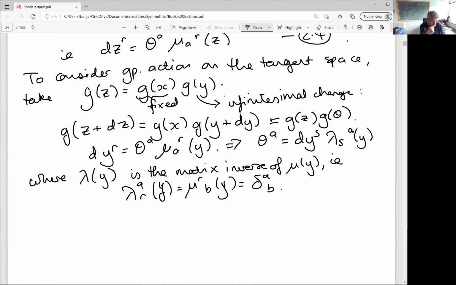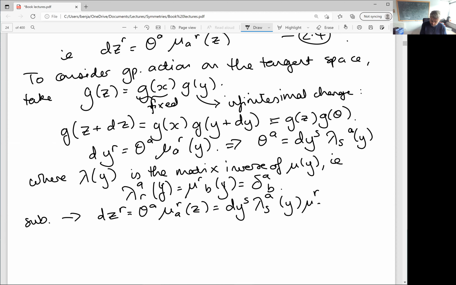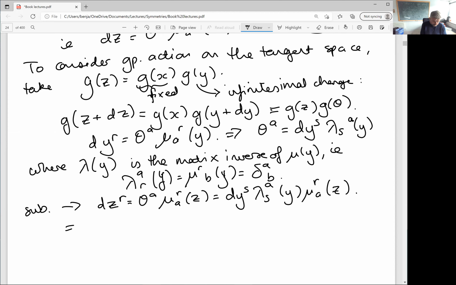All right, so now we substitute to find that dz^r is θ^a μ_a^r(z), remember. Substituting for theta, we find that this is dy^s λ_s^a(y) μ_a^r(z). Now we take the derivative with respect to y^s, and we've got λ_s^a(y) μ_a^r(z).